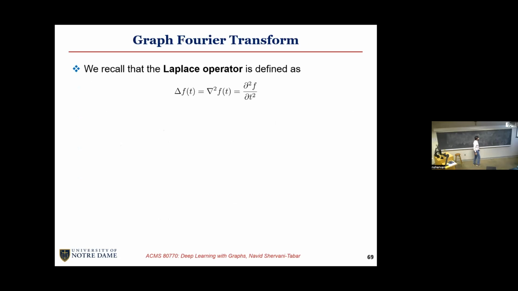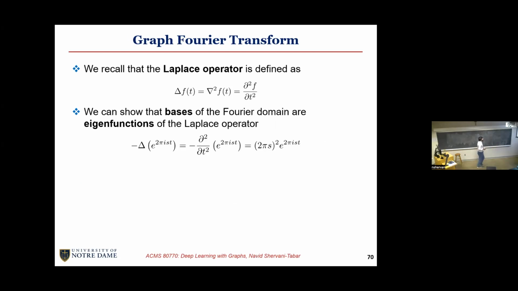So let's look at the Laplace operator in the time domain. I can write this as the divergence of the gradient of function f over the time domain. Now, if I write this out, this is essentially the eigenvalue decomposition because these two are the same, right?